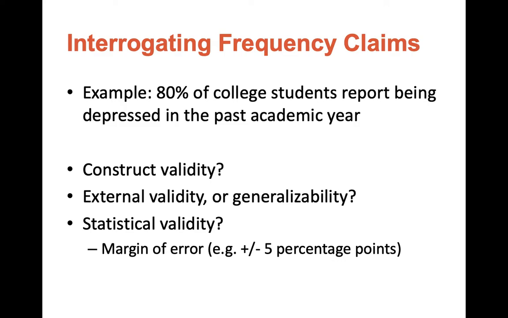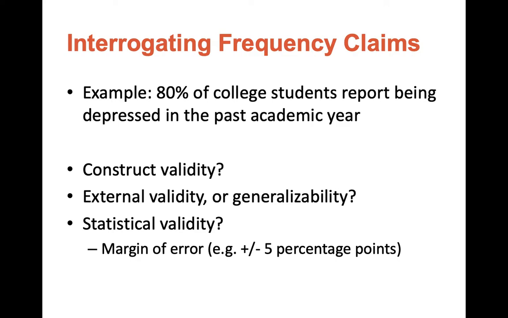So we might have more confidence in the validity of this claim to the extent that a widely accepted and standardized measure of depression was used versus somebody just making something up off the top of their head, like, hey, have you been feeling down? You've been feeling blue lately? People are like, what are you talking about? So we would want to use an established measure of depression.